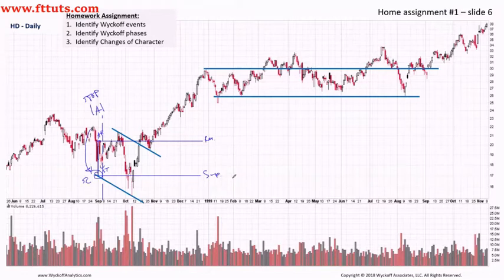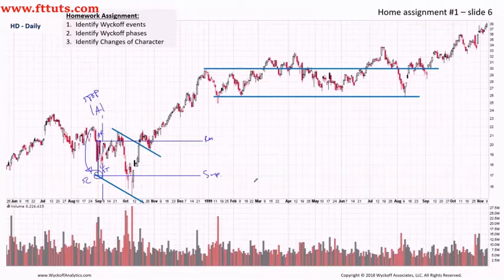Then in phase B, there are series of secondary tests forming. Is phase B the most exciting to you as you look at this chart, or are you just going sequentially? I was just going sequentially. Okay, so let's just pay attention to the question itself. What catches your eye, and not necessarily what comes next.